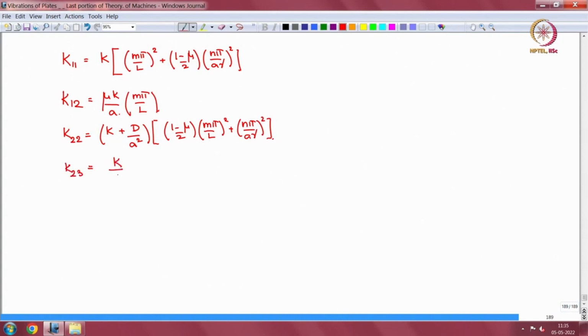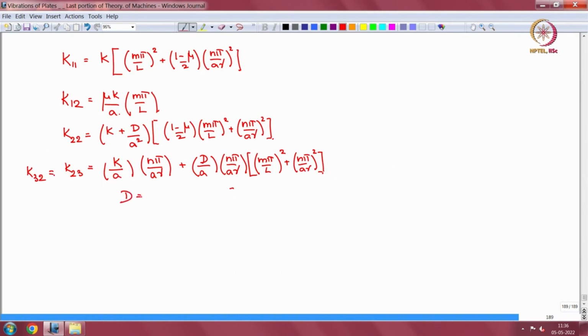If you have the text, then these are there in the text. In case you don't have the text, this is the expression: plus D over a, n pi by a gamma, m pi by L squared plus n pi by a gamma whole squared, and that is also equal to K32.